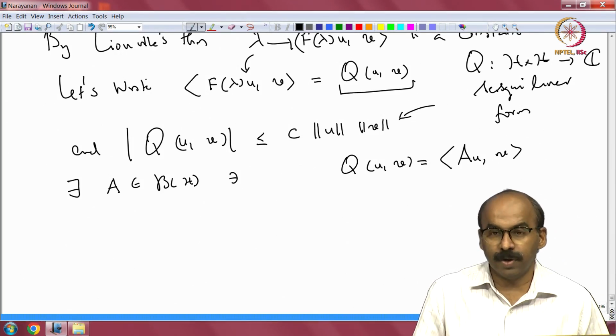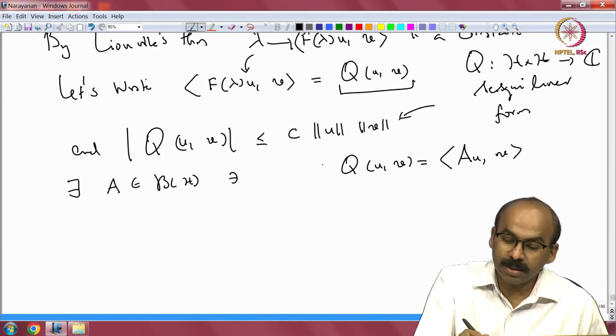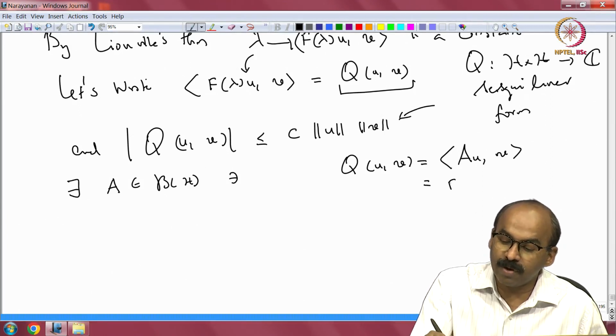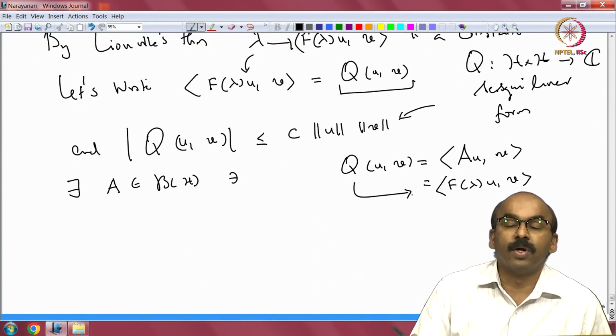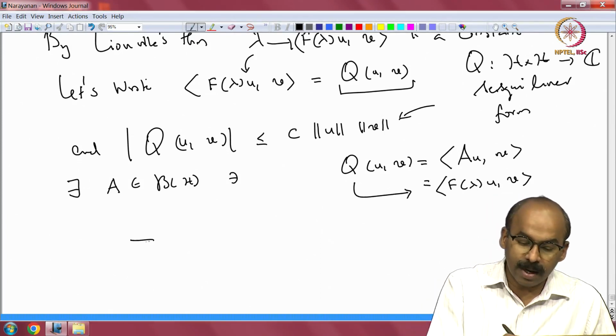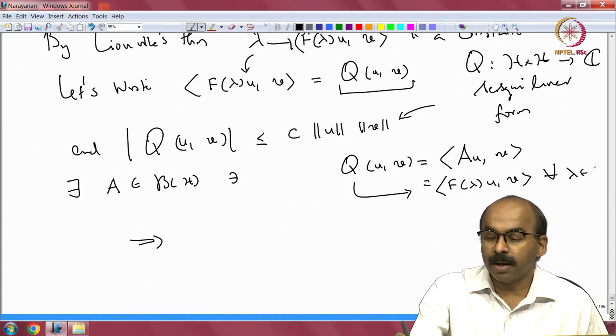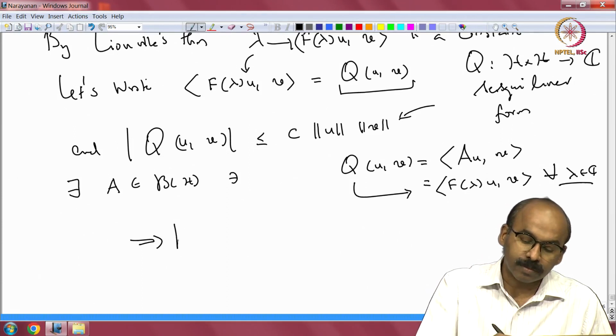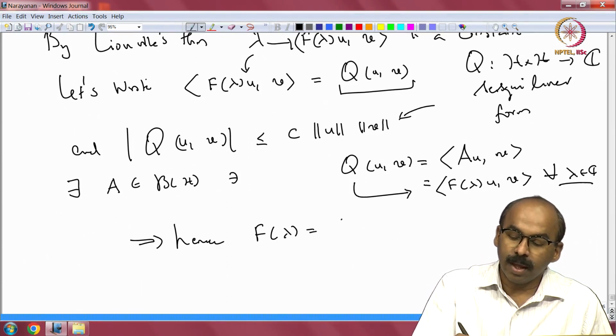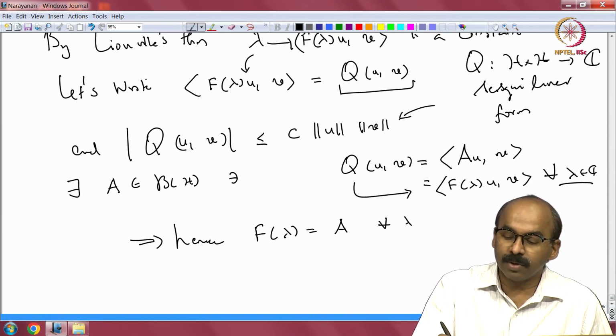But this is supposed to be f of lambda acting on u, inner product with v, that is the definition of q. So, this is true for every lambda in C, hence f of lambda equals A for every lambda. That is what we mean by f is a constant.